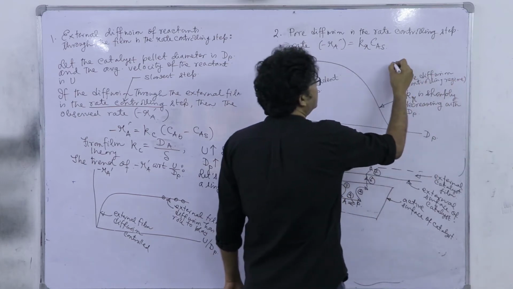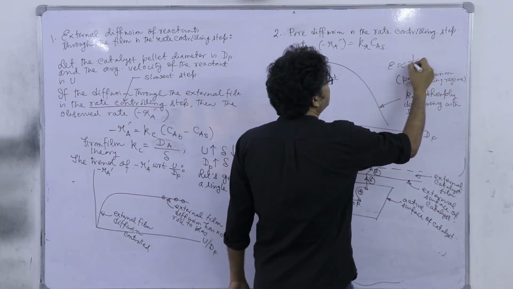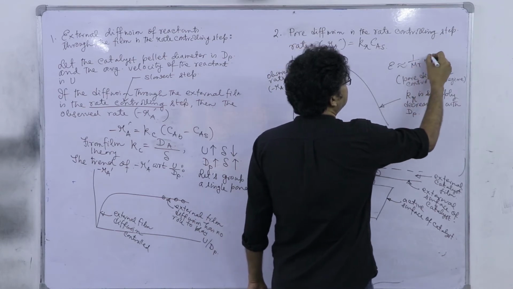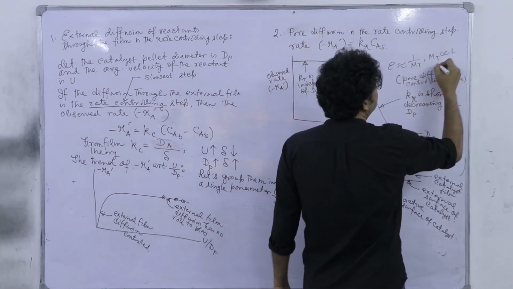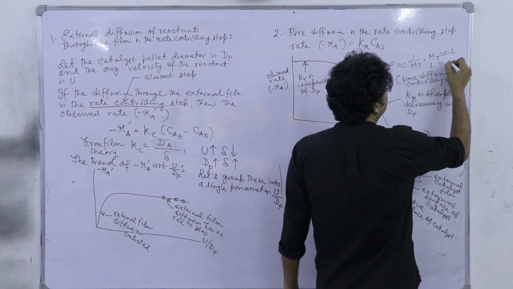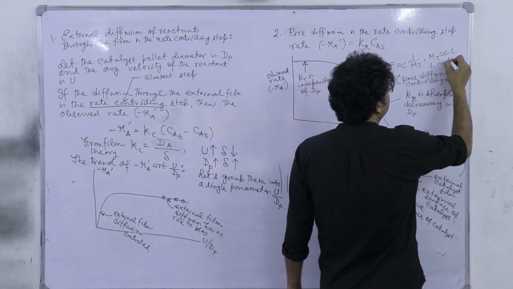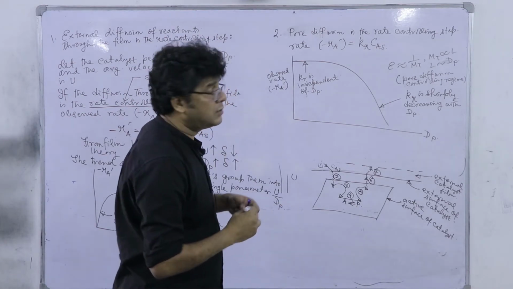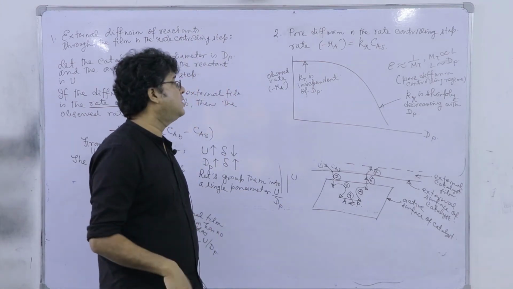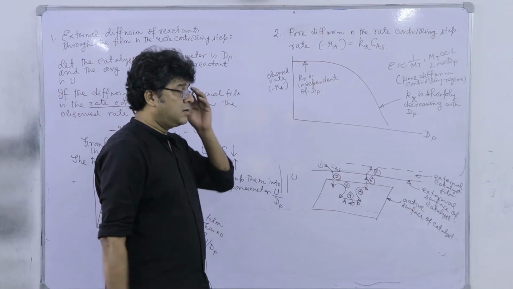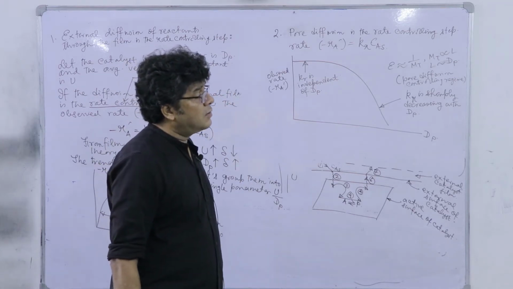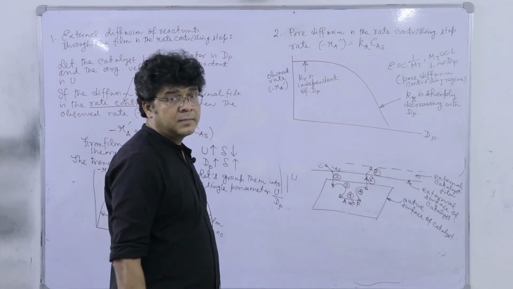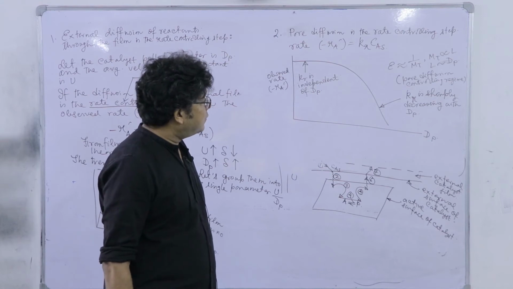Right. So, here epsilon is 1 by mt as we have discussed, and mt is proportional to L, and L is in the order of dP. It will be dP by 2, dP by 3, or not dP, R by 2 or R by 3, and if it is a catalyst pellet of this rectangular shape, it will be thickness by 2.